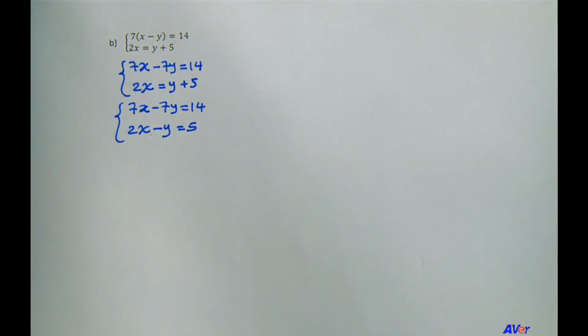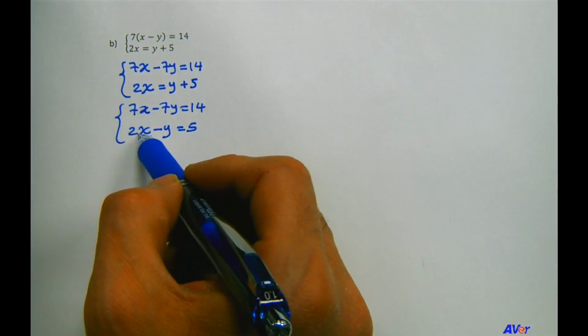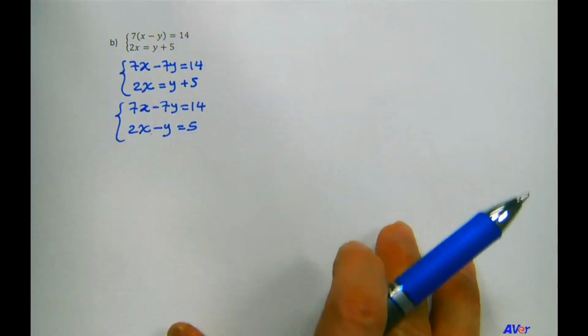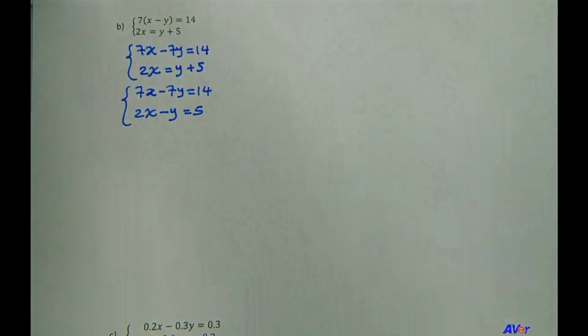Now, let's eliminate one of these variables. We can either choose to eliminate the x variables or the y variables. Whichever variable we choose to eliminate, we must make sure that that variable has coefficients that are equal but opposite in algebraic sign.